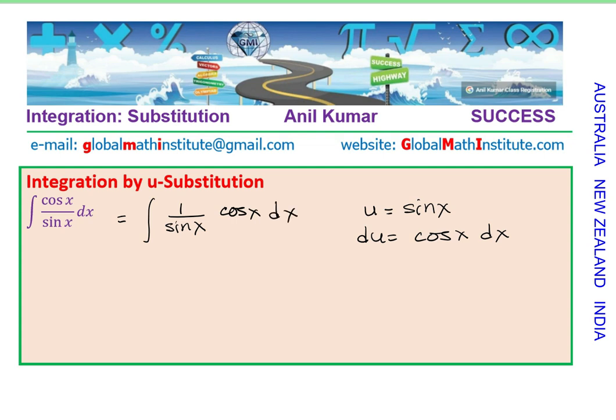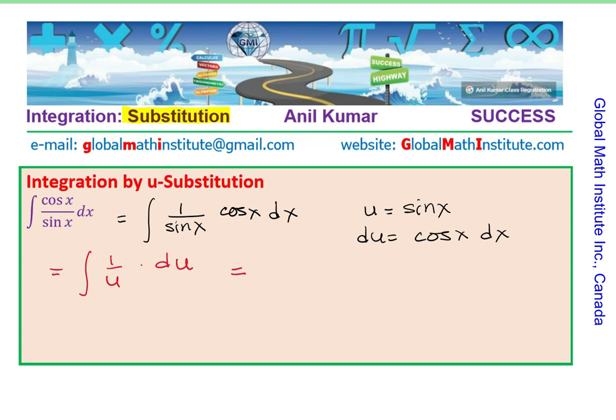And the derivative of this is cos x dx. So clearly, when you see that a part of it is a function and the other part is its derivative, you can use the method of substitution. So that is the key. And now we can substitute and get our solution. So what we get here is integral of 1 over u, and cos x dx is du.